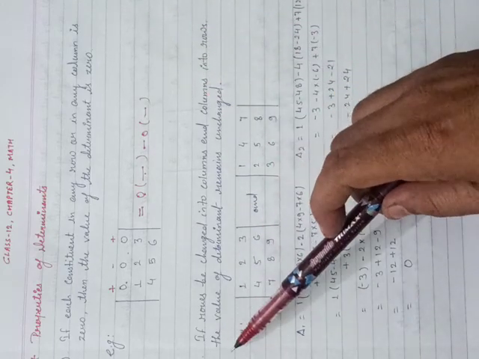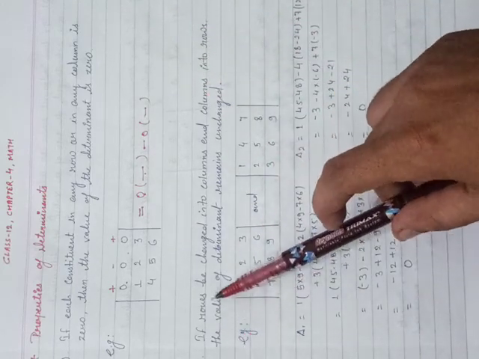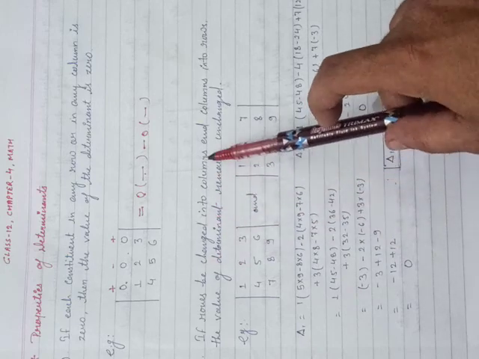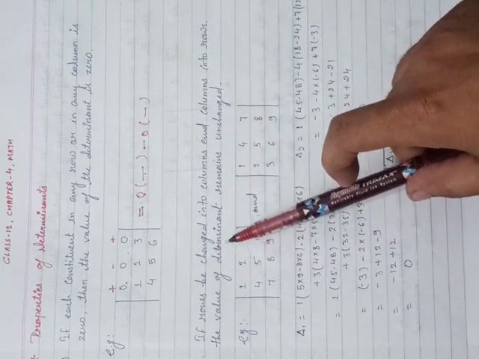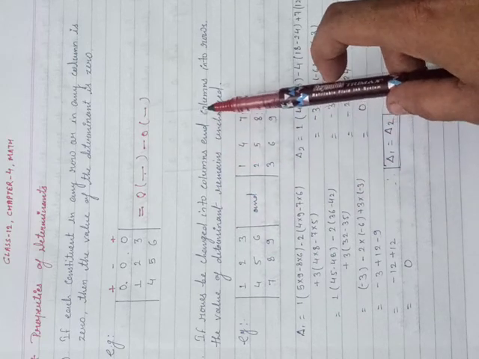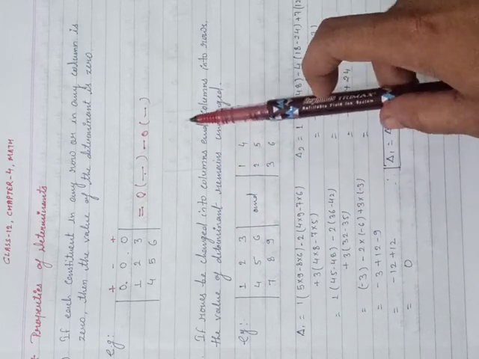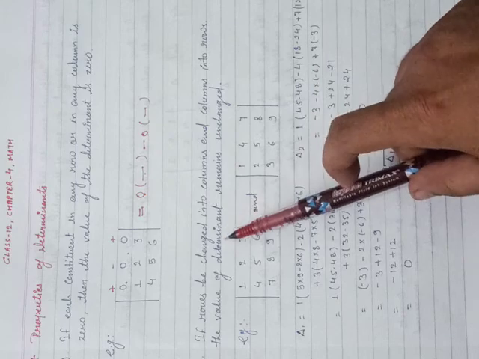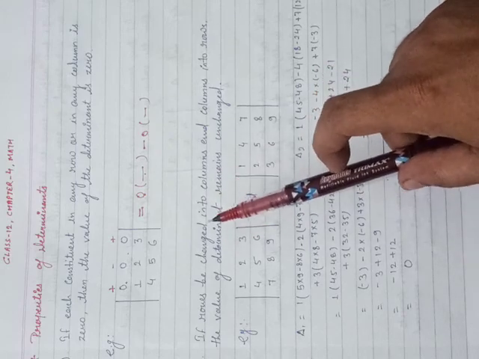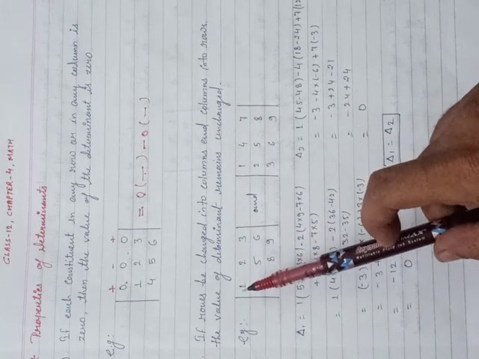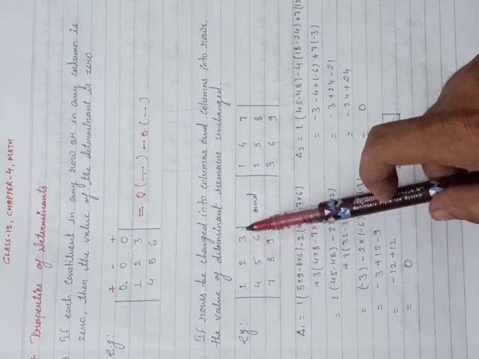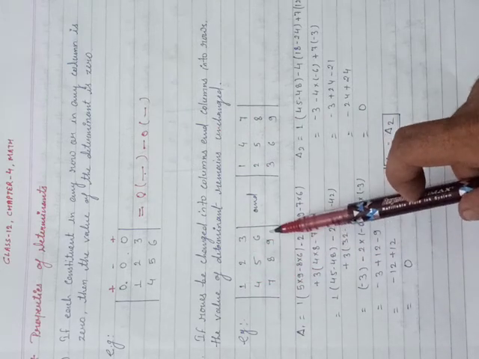Now see the second property. If rows are changed into columns and columns into rows, then the value of the determinant remains unchanged. It means if we interchange rows with columns, the value of the determinant must be unchanged. Here you can see I have taken an example: 1 2 3, 4 5 6, 7 8 9.